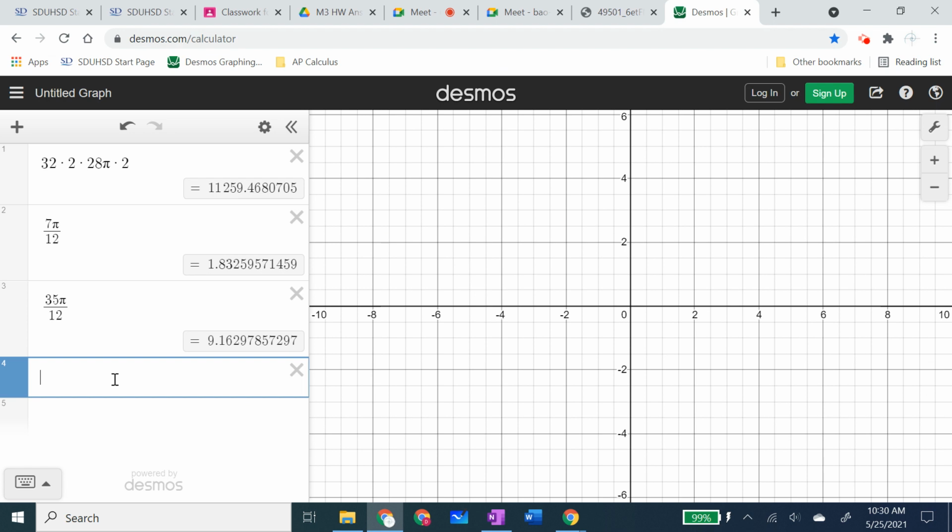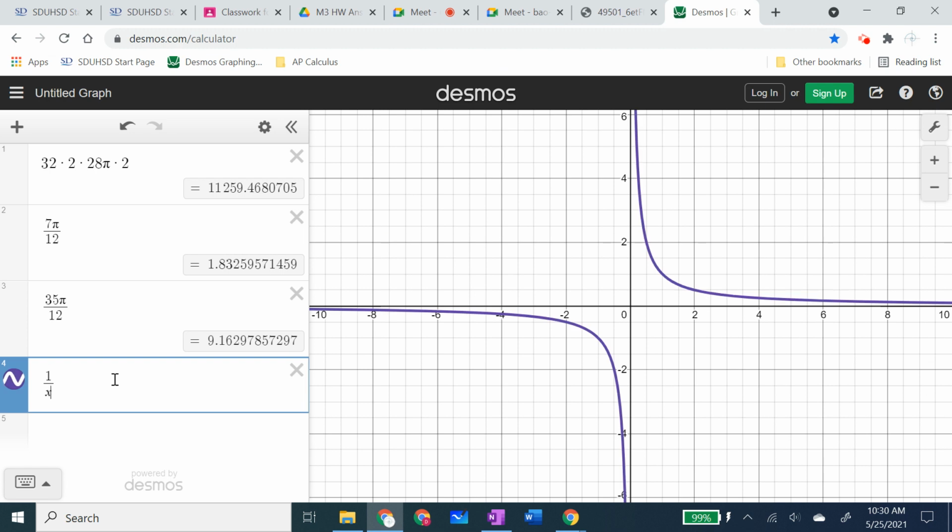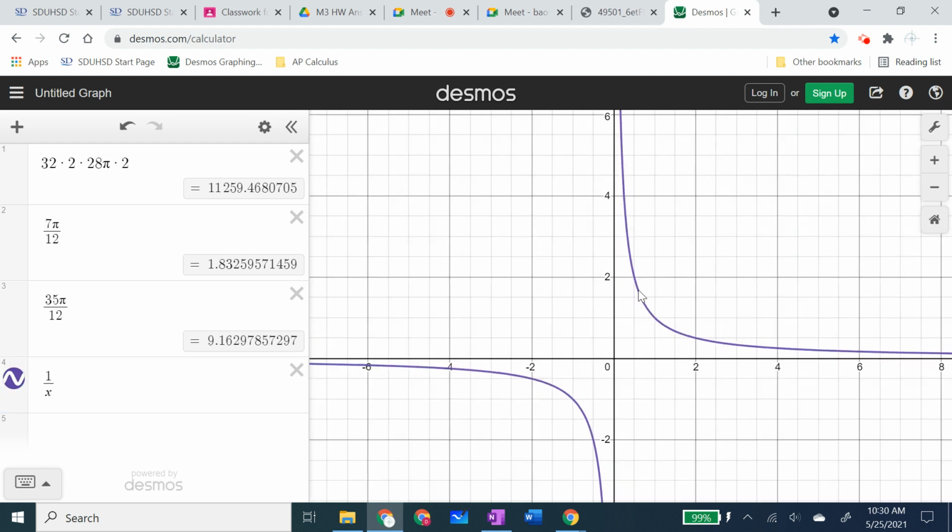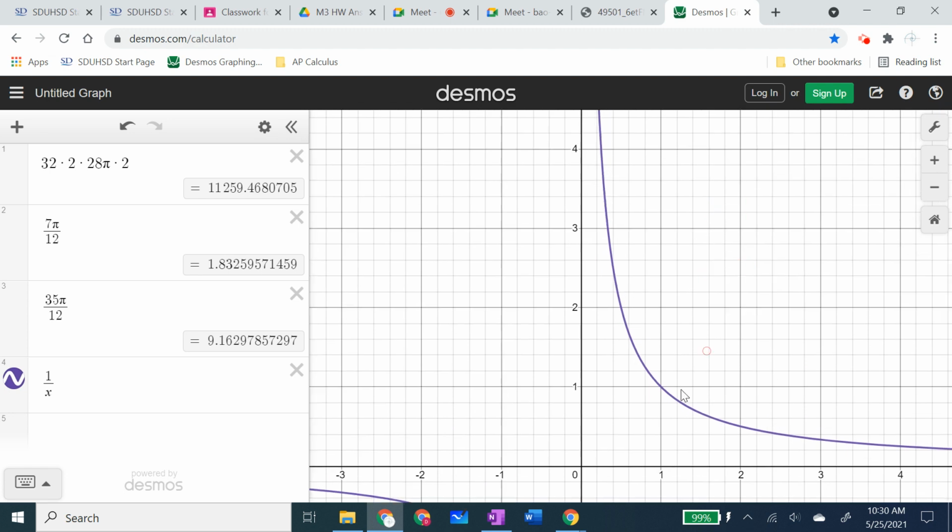and I look at 1 divided by x, but I am looking at my x near 0. What's happening to this graph when x is near 0?